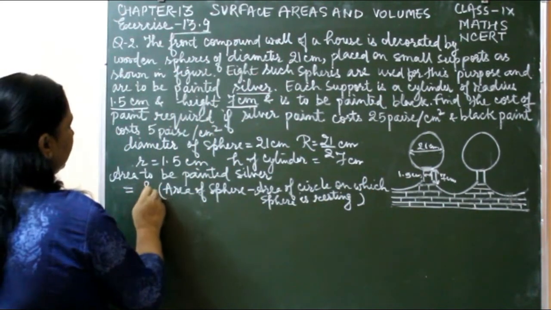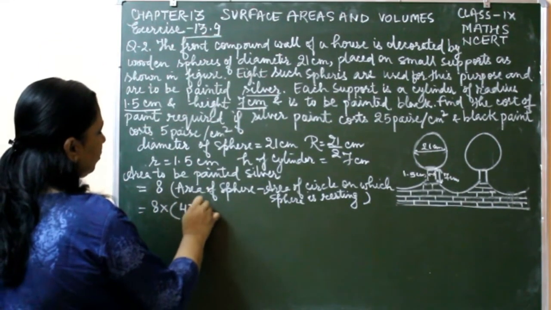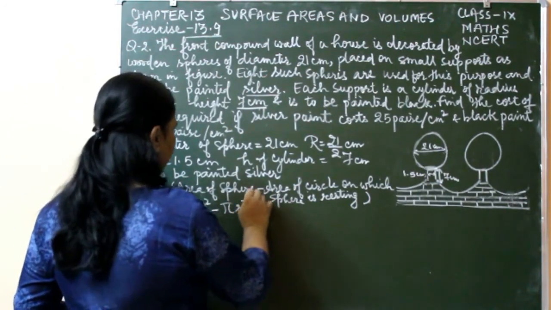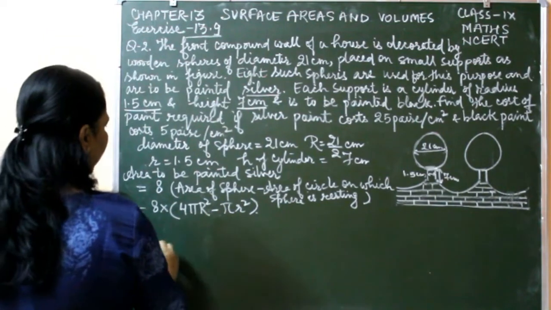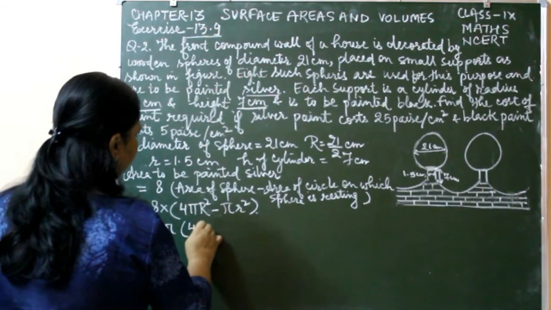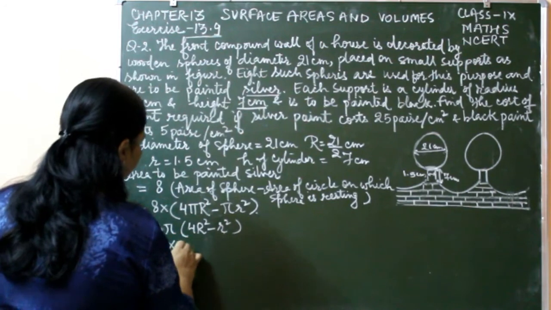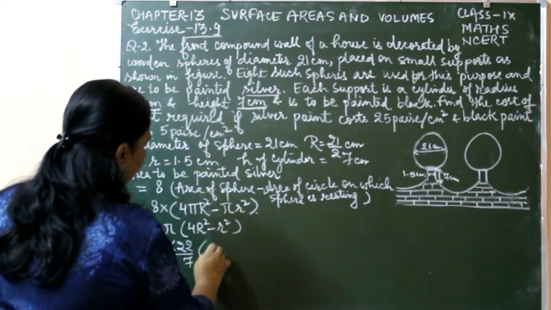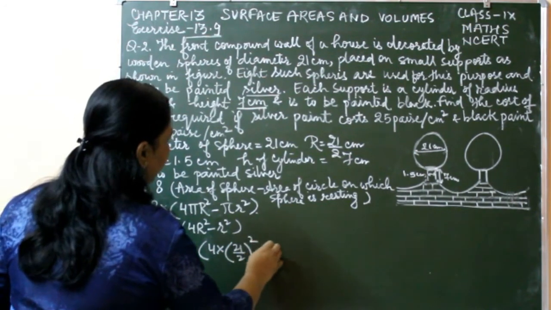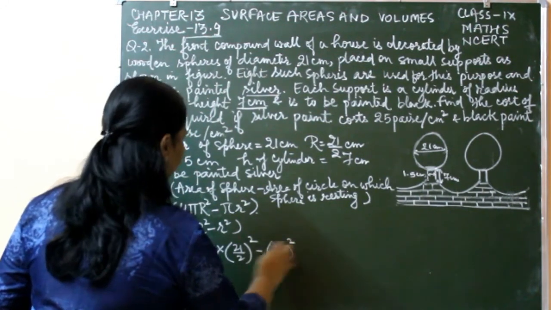and as 8 spheres are there, 8 into area of a sphere 4 pi r square minus area of circle is pi r square. What is common? Pi. 8 pi, here 4r square minus r square, which is equal to 8 into 22 upon 7 into 4 into 21 upon 2 square minus 1.5 square.